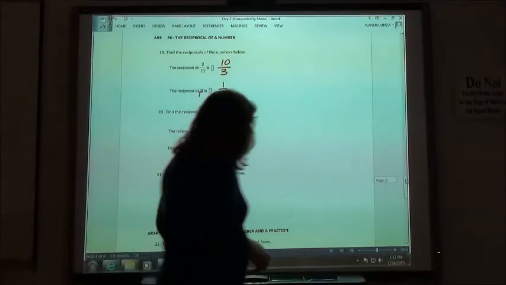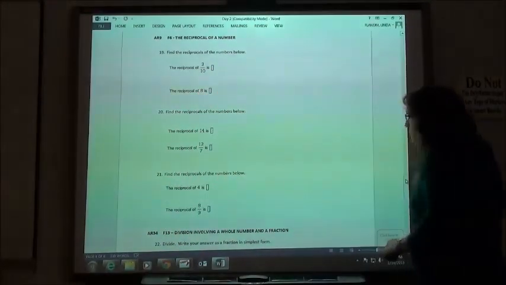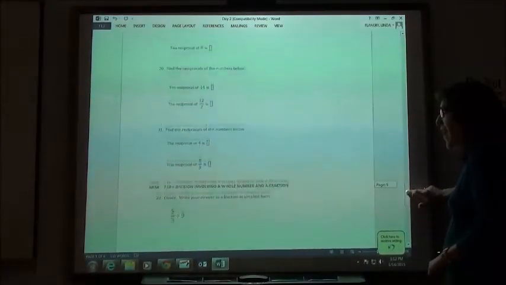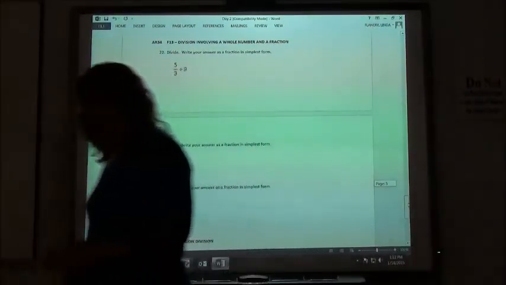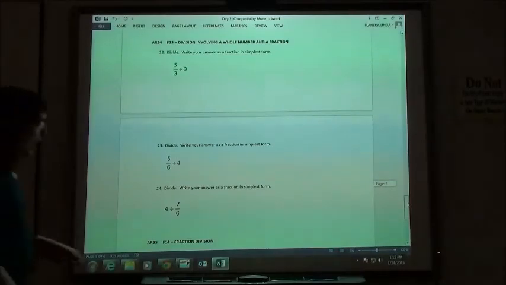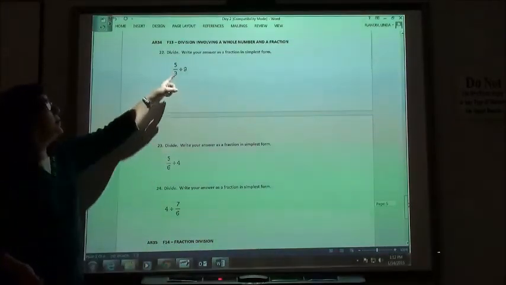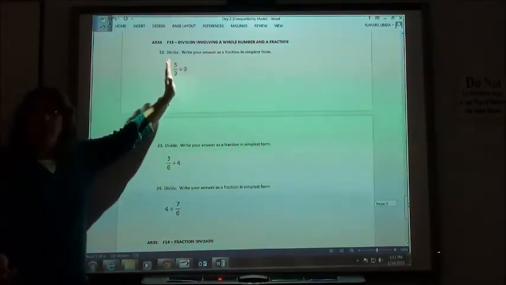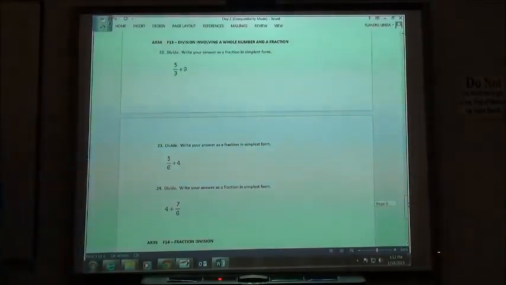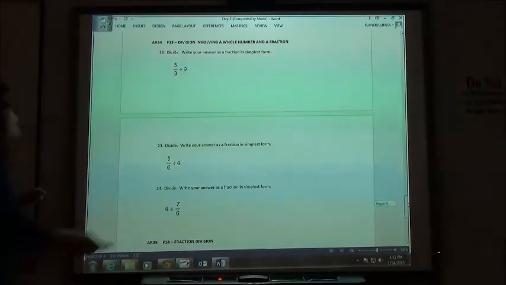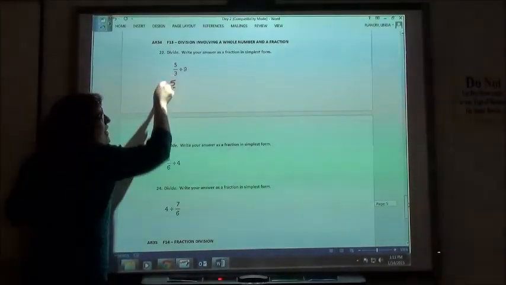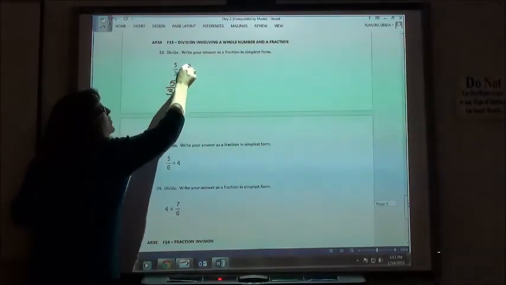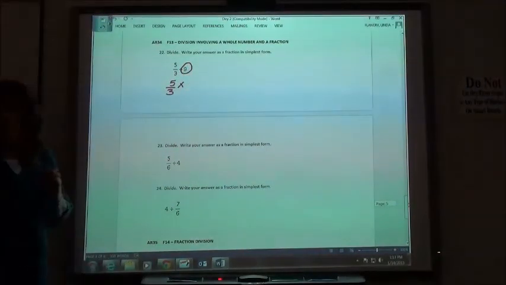Now why in the heck do we have to know about reciprocals? Because when we divide with fractions, we end up multiplying by the reciprocal. So whenever we have division with fractions, that number after the division, you're going to change it to multiplying by its reciprocal. This problem here is going to be changed to 5/3, notice that stayed the same, times the reciprocal of that number after the division sign.